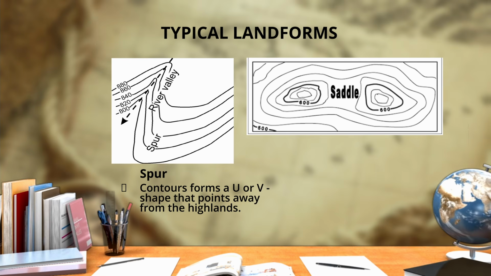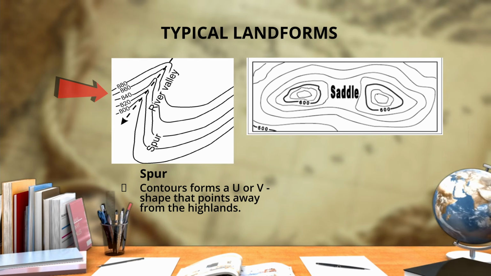We can see there are two V shapes there. The first V is on the left, and then we have the second V, where the spur is written, on the right. That is for the spur. Now, if we start with the first line up there, that is 880 meters.